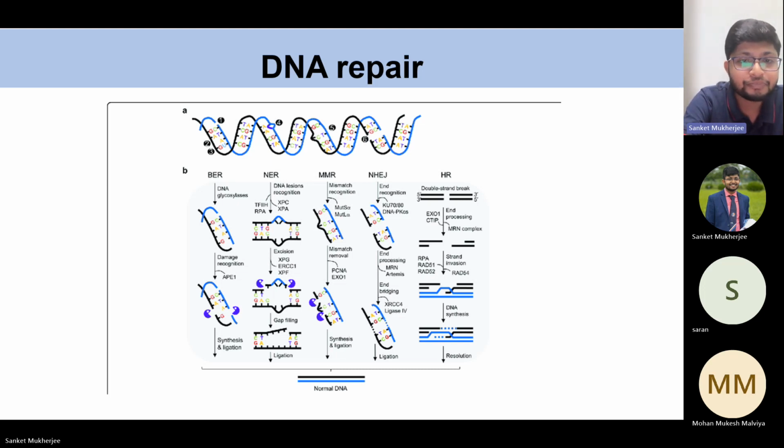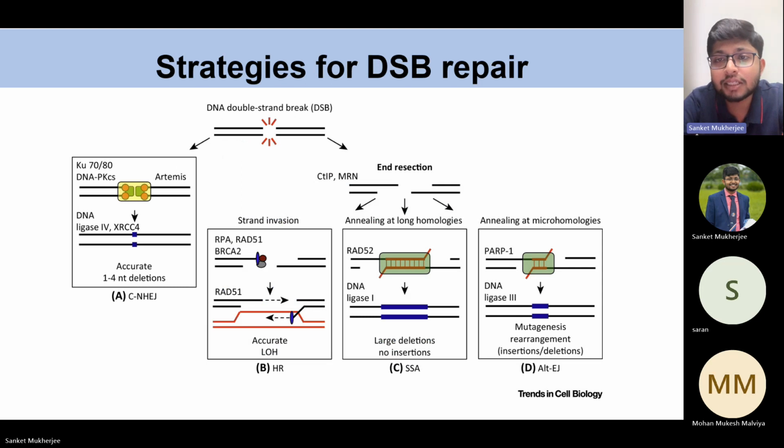So let's see what strategies can be employed for double-stranded break repair. Two protein groups are important. Let's say if in a double-stranded break there is involvement of Ku70/80 proteins, these are heterodimers, Ku proteins. If these are involved, then the double-stranded break is repaired by non-homologous end joining.